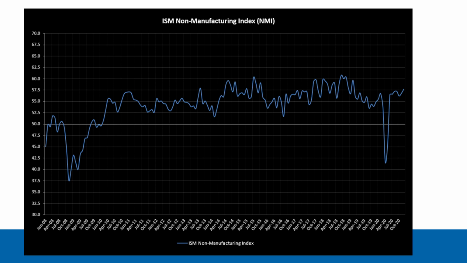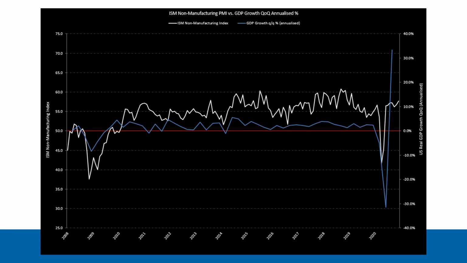You'll also notice in your spreadsheet downloads the comparison to quarter-on-quarter annualized GDP growth. And we can see in the data that goes back to 2008, that we get negative real GDP growth quarter-on-quarter annualized in the 2008-2009 financial crisis and during the COVID economic lockdown.